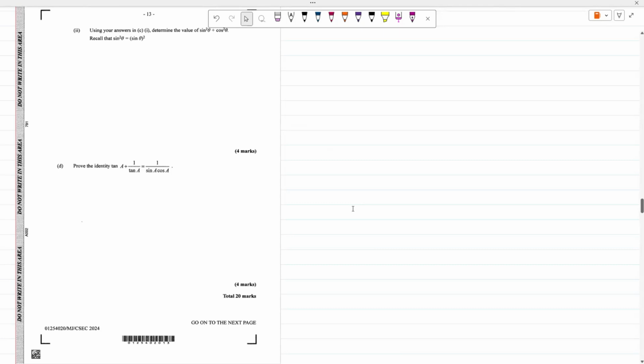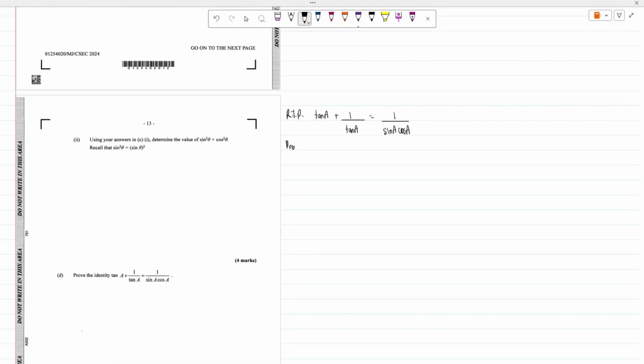A. Prove the identity: tan A plus 1 on tan A is 1 over sine A cos A. So we are required to prove that tan A plus 1 over tan A is equal to 1 over sine A cos A. This is an easy proof.